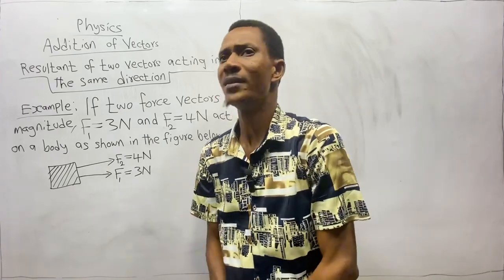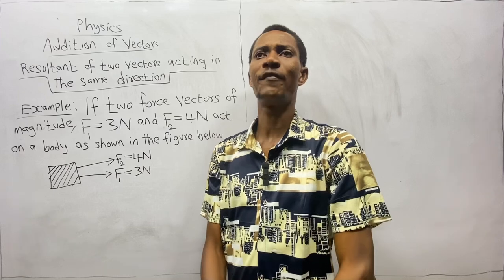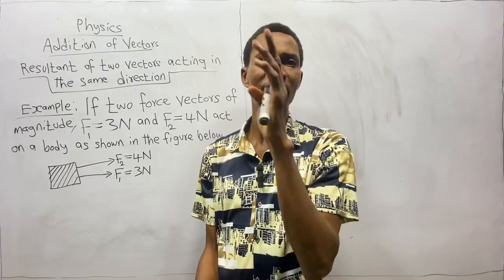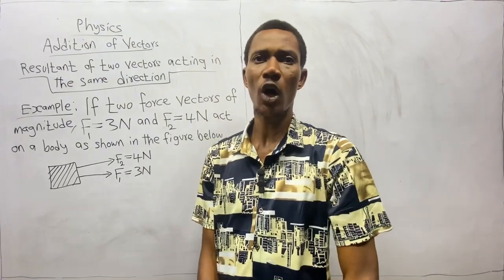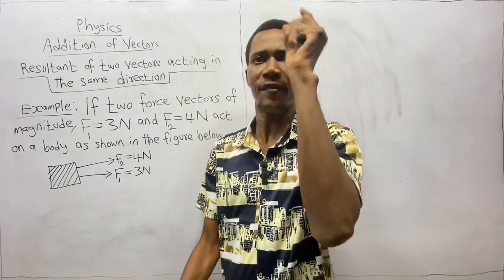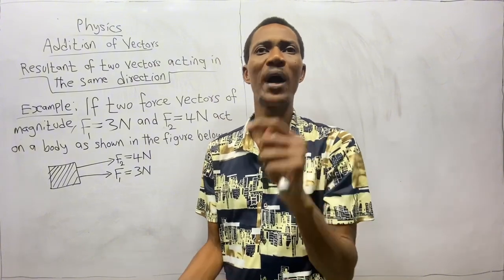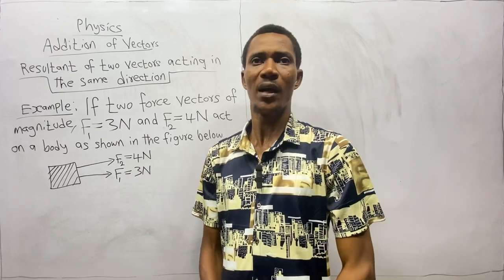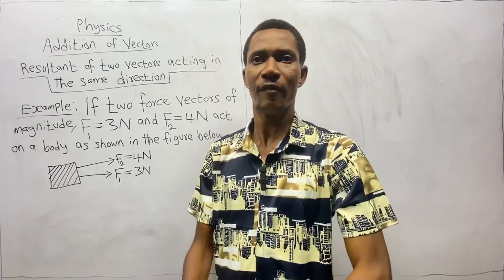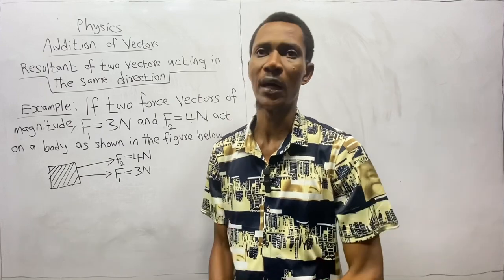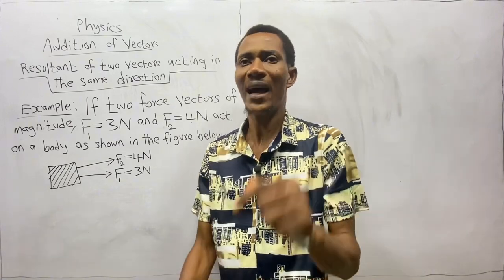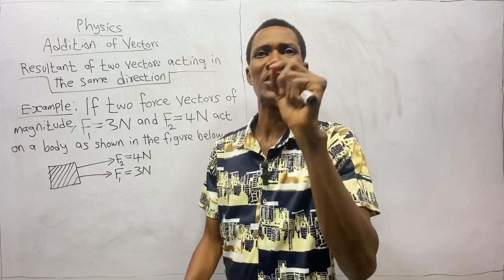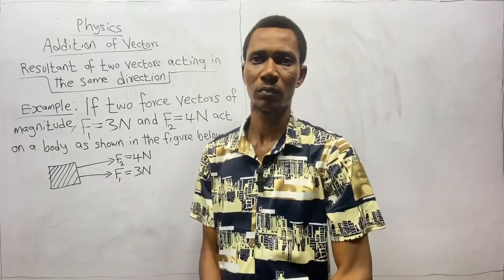So we say the sum of two or more vectors acting on a body in a given direction results in a single vector, which will have the same effects in magnitude and direction as the two or more vectors acting together. That single vector is called the resultant vector.